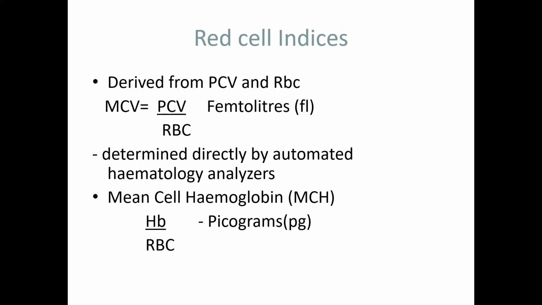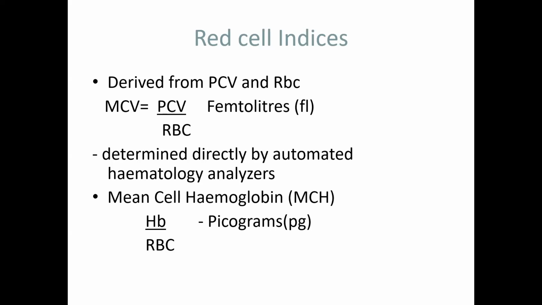Okay, so this is just how the red cell indices, besides getting them from your equipment, you can also calculate them. Your mean corpuscular volume can be calculated from your packed cell volume divided by your red blood cell count. And then there is a factor that we can multiply by.